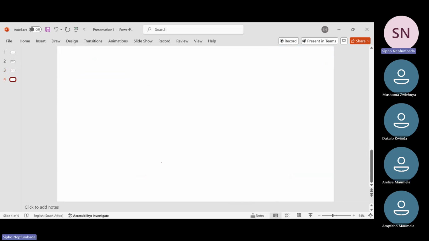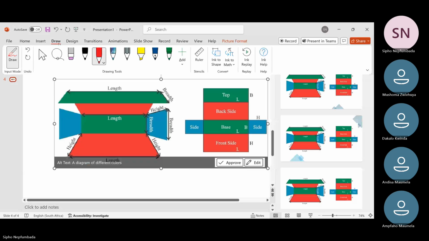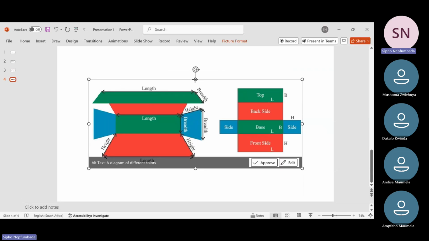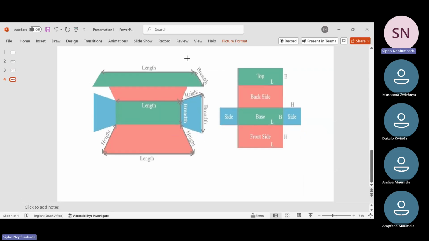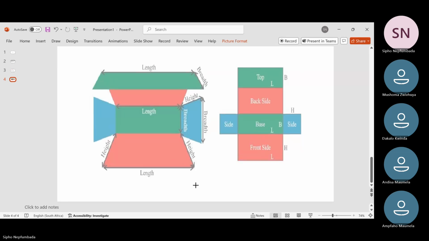Yes, if we unfold the box, this is what we are going to have. Are we following?